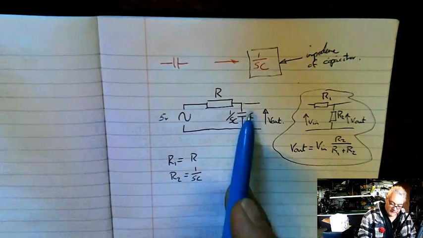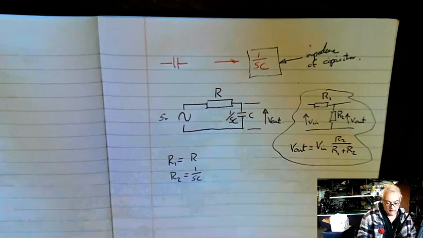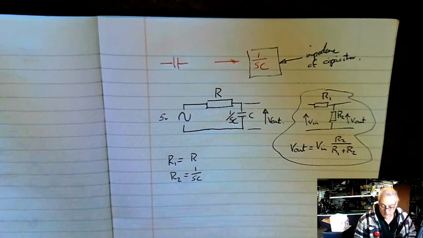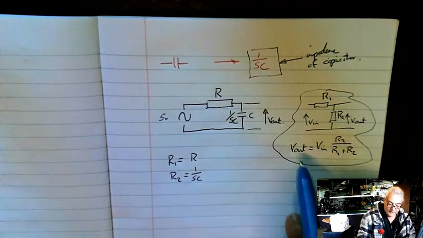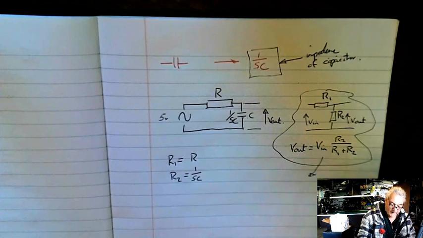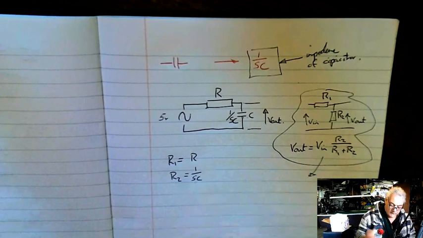And R2 in our case is 1 upon SC because we've got a way in which we can replace the capacitor with an equivalent impedance. Okay, now comes the magic. So I'm going to use this equation here, but everywhere I see R2 I'm going to put 1 upon SC, and everywhere I see R1 I'm just going to put R.